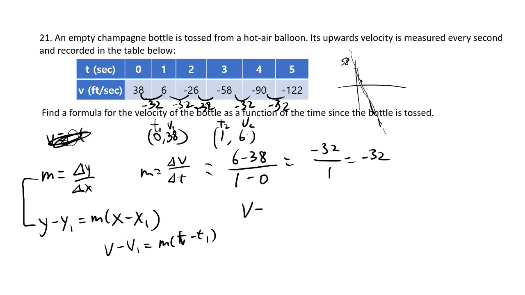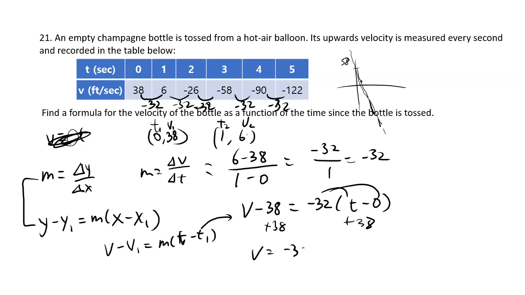So v minus 38 equals negative 32 times t minus 0. I'm using this formula with t1 as 0, v1 as 38, and m is negative 32. So we're almost there. We add 38 to both sides, and we expand, and we get v equals negative 32t plus 38. So now we have found velocity as a function of t.